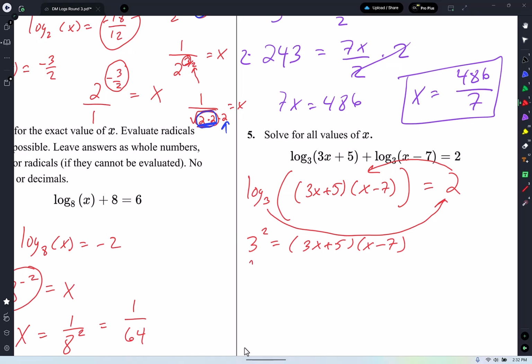3 squared is 9. 3x times x, that's 3x squared. I'm foiling, I'm distributing. 3x times negative 7, that's negative 21x. Let me know if I make a mistake, guys. 5 times x, that's going to be a plus 5x.